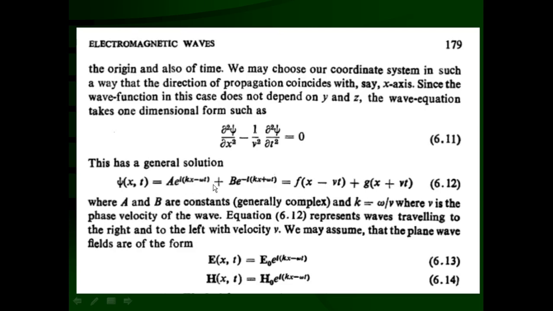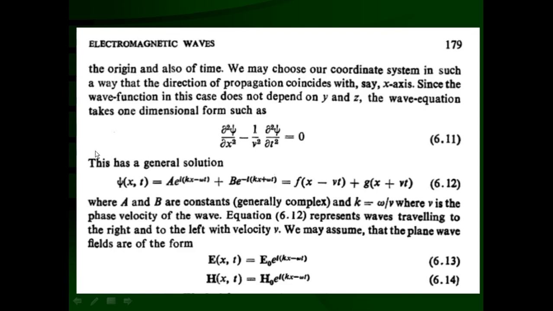A and B are constants of integration, and these constants of integration are going to be complex quantities. Here f is a function of x − vt, where v is the phase velocity of the wave. That means the electromagnetic wave is propagating in the positive x direction as well as in the negative x direction.